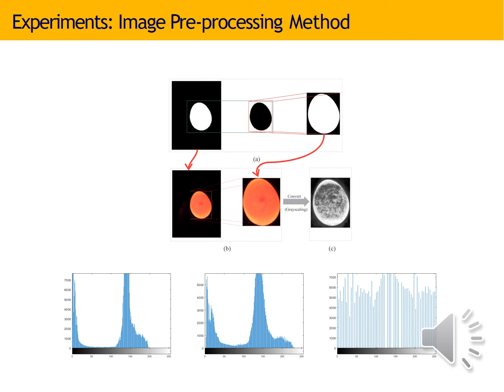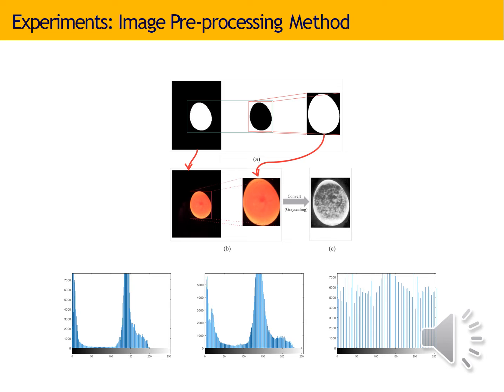This is the experiment with the image pre-processing method used for GLCM feature extraction input preparation. First we use the cropping process from the image segmentation to get a black and white image and crop the original image. Here we can see figures A, B, and C. A is the cropping process, and C is the conversion from the RGB or color image to grayscale.